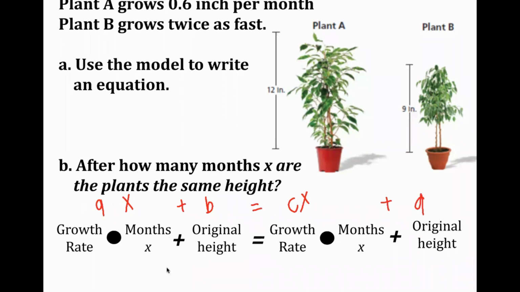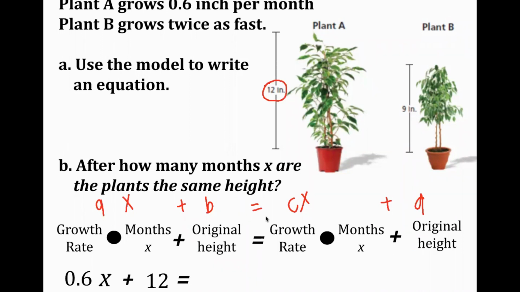If I were to do this, our growth rate for plant A is 0.6, times our unknown amount of months, which is x, plus the original height of plant A, which is given to us to be 12 inches. And here is the first portion of your equation.